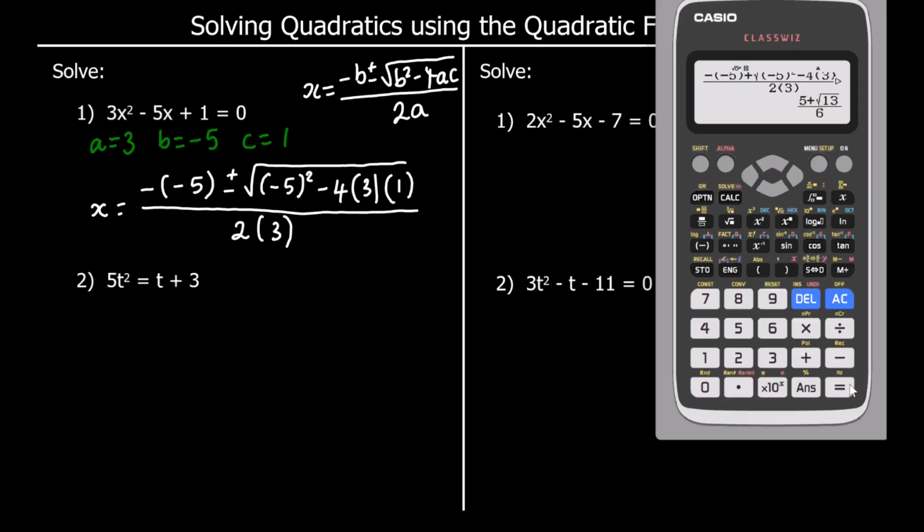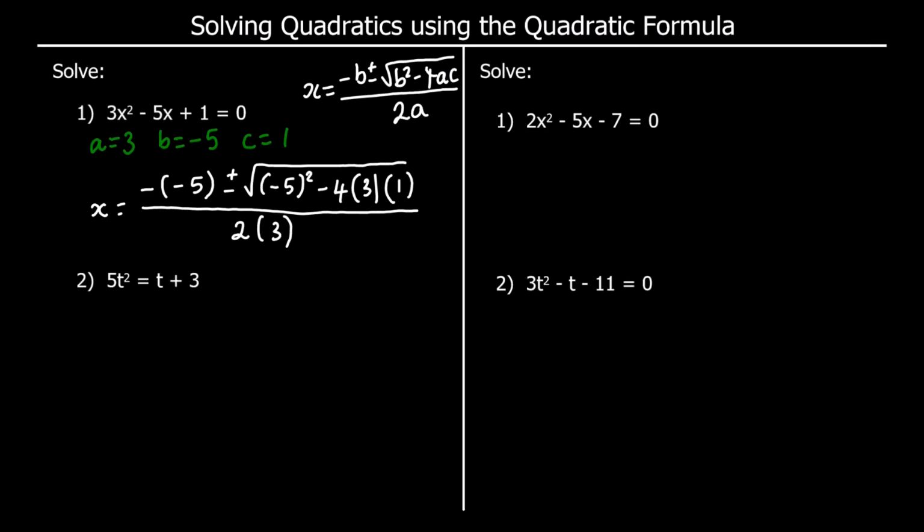So I get 5 plus root 13 over 6, or if I wanted a decimal answer, to 2 decimal places, 1.43. So I could say x equals 1.43. That's my first answer.